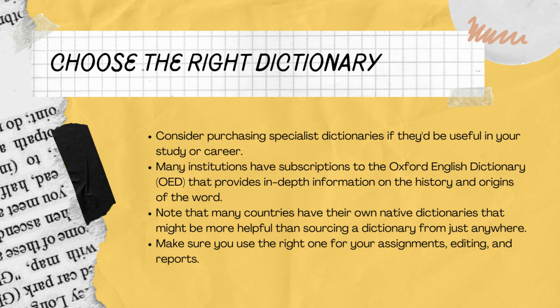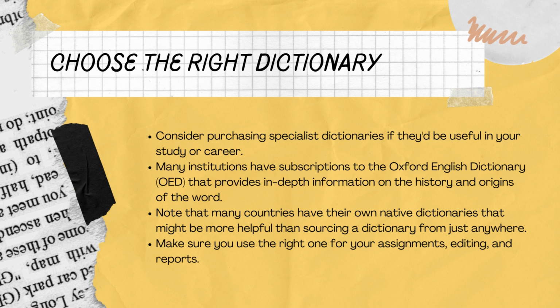Now, note that many countries have their own native dictionaries that might be more helpful than sourcing a dictionary from just anywhere. So, if we are learning English, I mean American English, we need a dictionary that focuses on American English words. Okay, it's better for you, of course. So that is just an example.